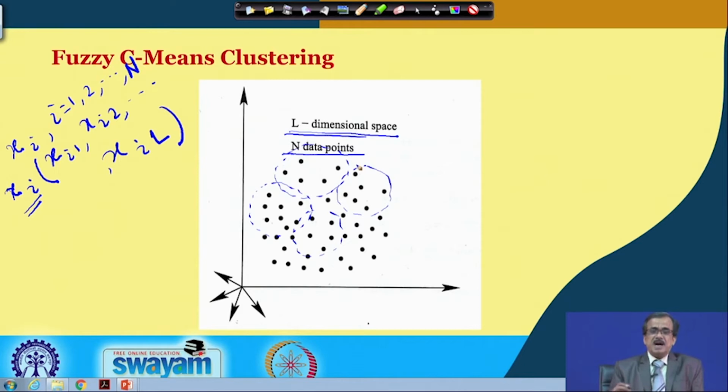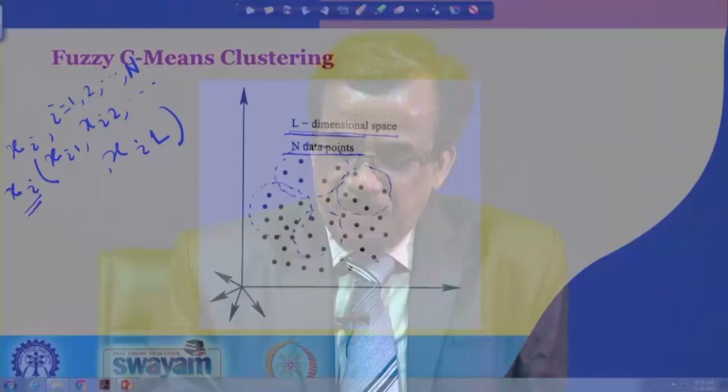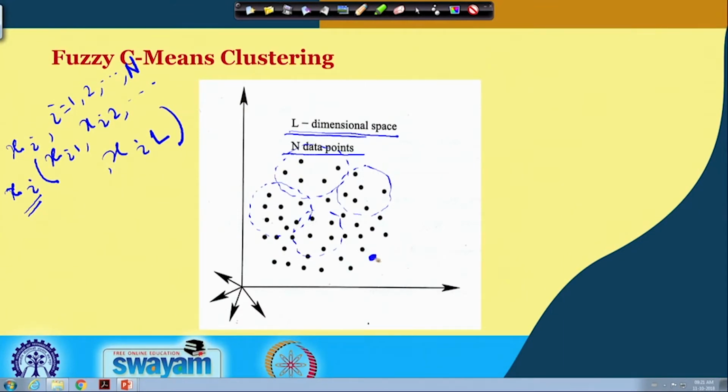Now, supposing that I have defined 4 clusters initially, and I am going to take the decision whether a particular data point, say this particular data point, belongs to cluster 1 or cluster 2 or cluster 3, and let me consider the cluster 4 as a general cluster, say the jth cluster.